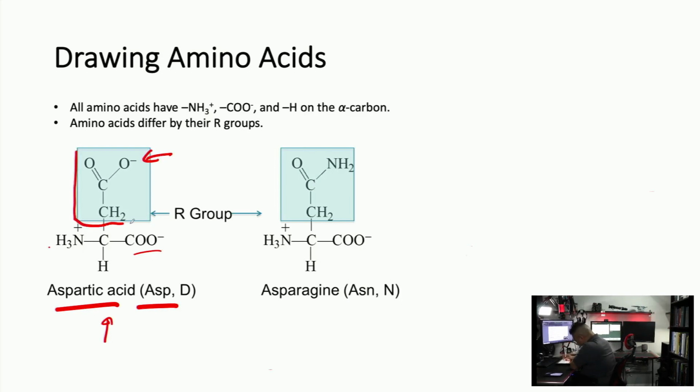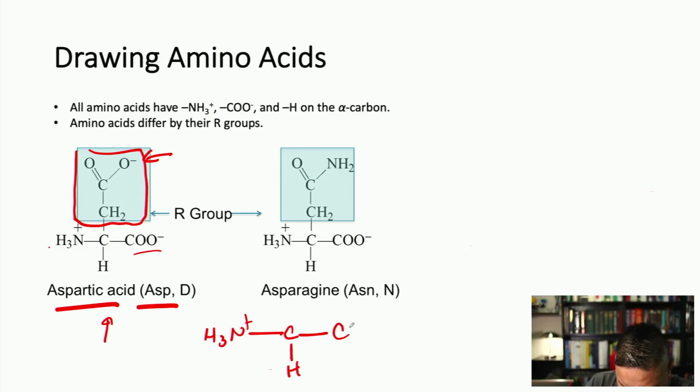This part here is the R group, and then every single amino acid has the NH3 plus on the alpha carbon, H, and the carboxylate, right? That might not look like a carboxylate, but that's the same thing as doing this, right?